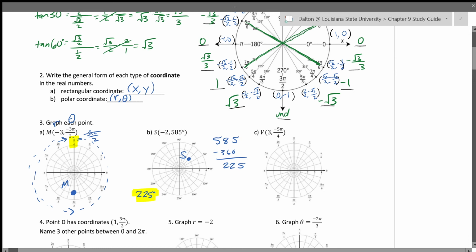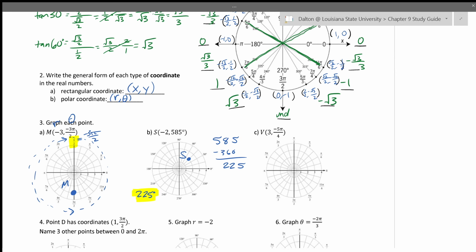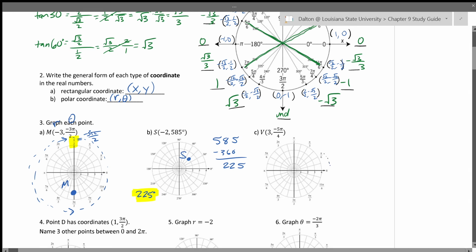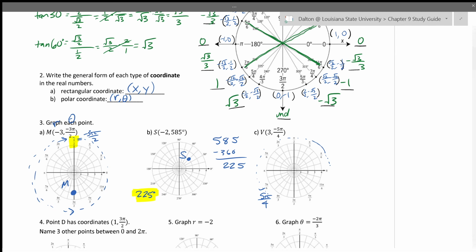And the last one, example C. My angle is 5 pi over 4. Well, let's talk about positive 5 pi over 4. Positive 5 pi over 4 will be this angle here. Well, we want to go that same distance, but we want to go clockwise instead of counterclockwise.